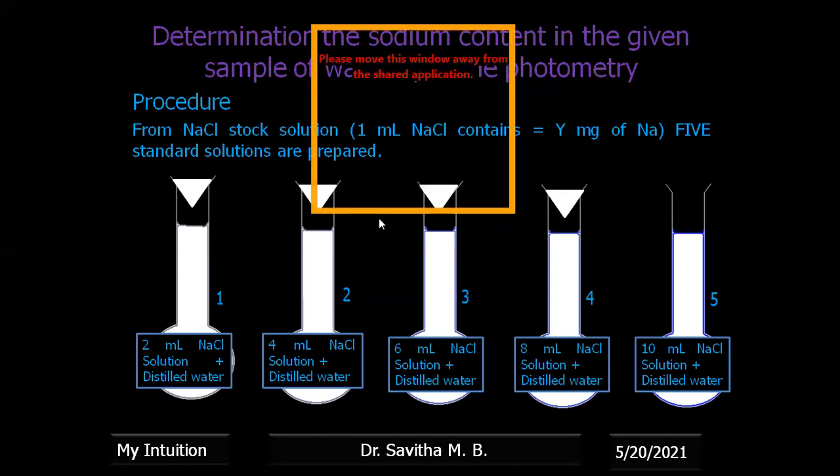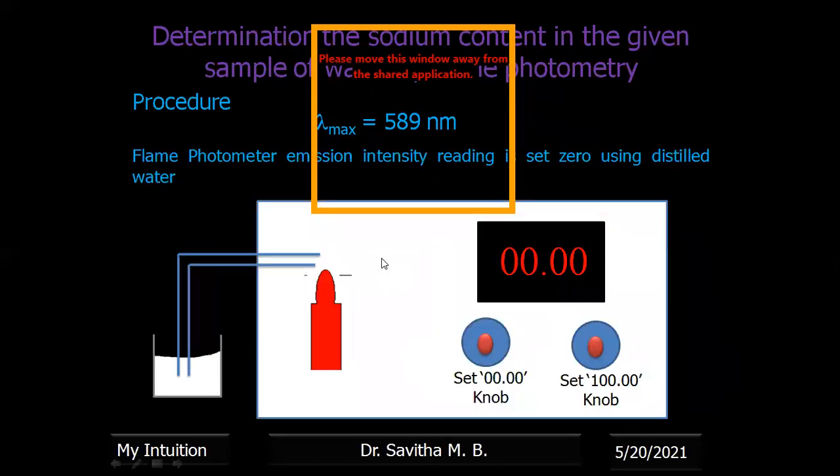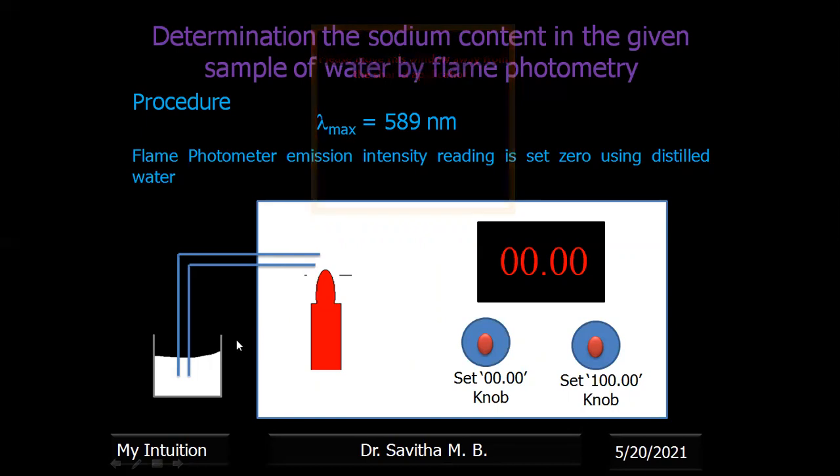Next you close the standard flask, mix for uniform concentration, and then the sample is aspirated into the instrument. Here the lambda max is 589 nanometers, which is for the estimation of sodium.